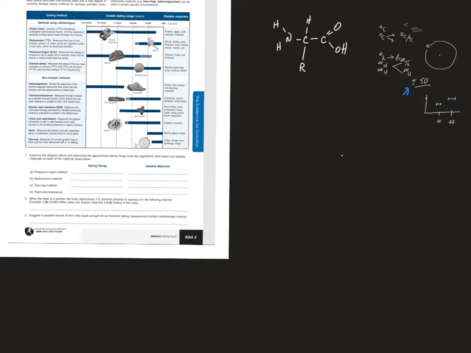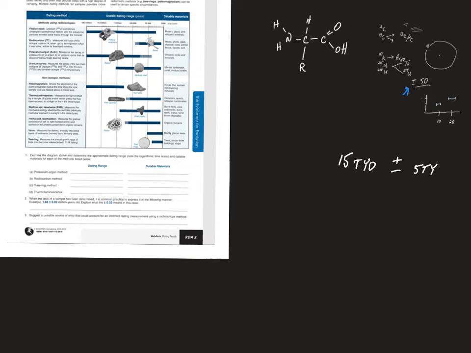All right, so let's just say this pollen was found in a rock sample, and we're thinking it's 15,000 years old. So let's just use 15,000 years old, and we think that's give or take 5,000. So we'll say plus or minus 5,000 years.